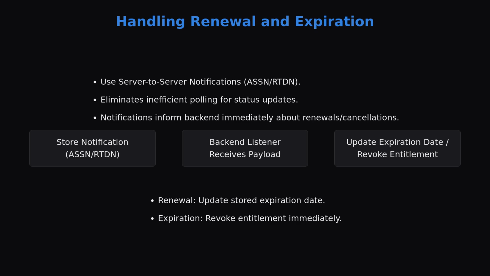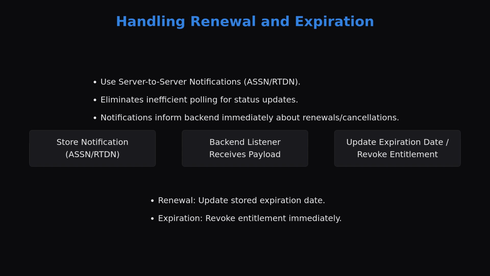Subscription status changes are best managed proactively using server-to-server notifications, eliminating inefficient polling. Implement listeners for Apple's App Store server notifications, known as ASSN, and Google's Real-Time Developer Notifications, RTDN. These notifications immediately inform your backend about critical events such as renewals, cancellations, and billing issues.